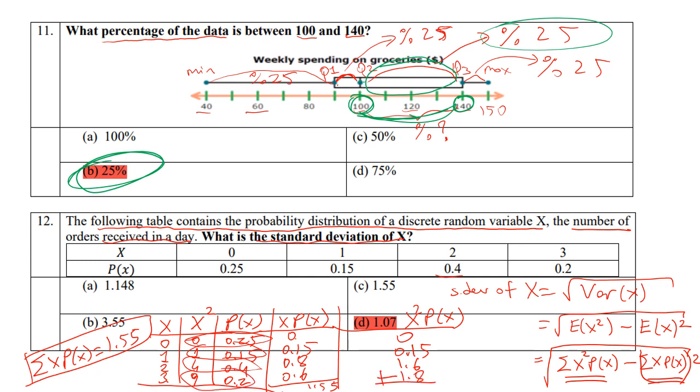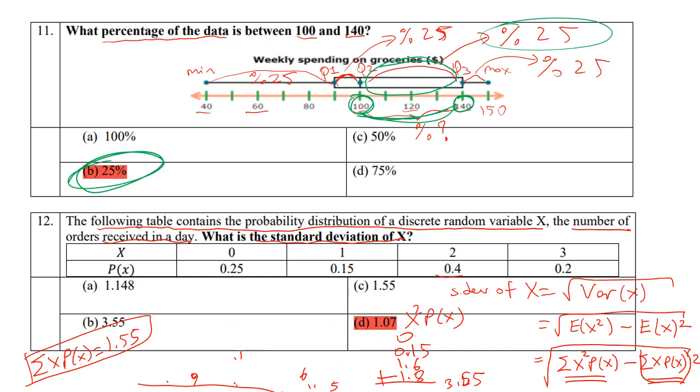When you add them, you will get the sum of x squared p(x) as 3.55.